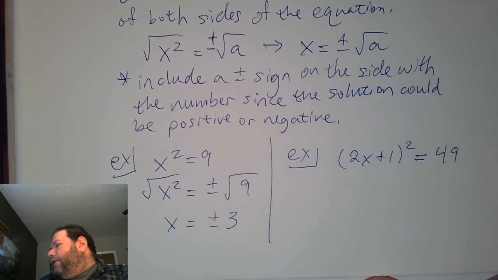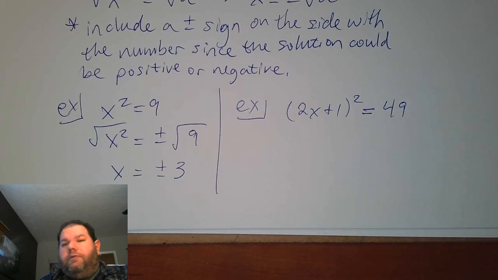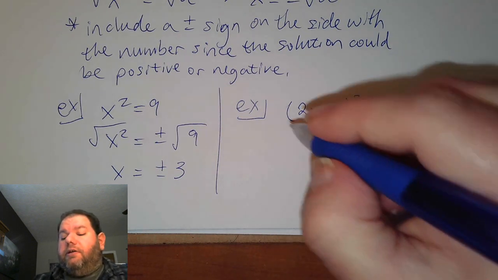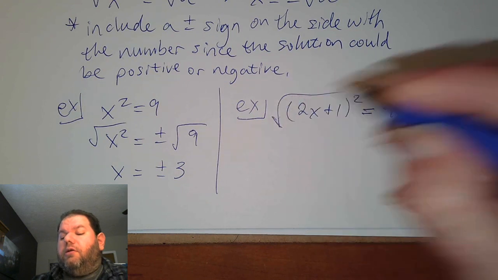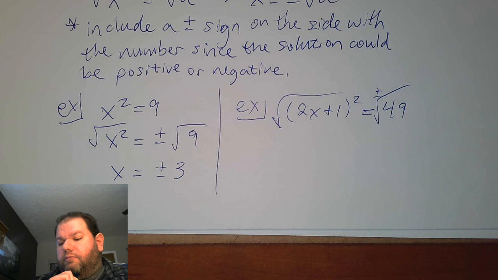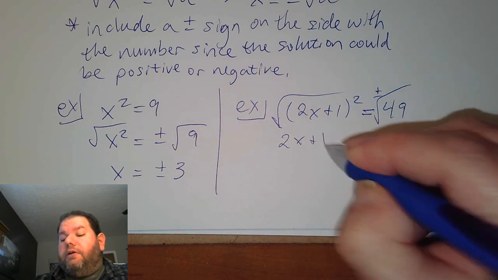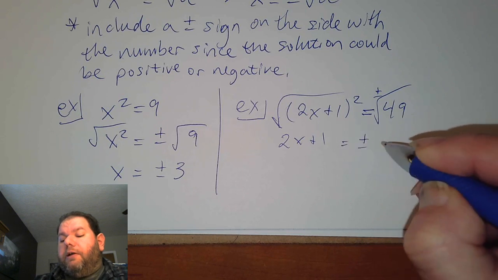For instance, if we have 2x plus 1 squared equals 49, we start off by taking the square root of each side. Okay, and so we get 2x plus 1 equals plus or minus 7.